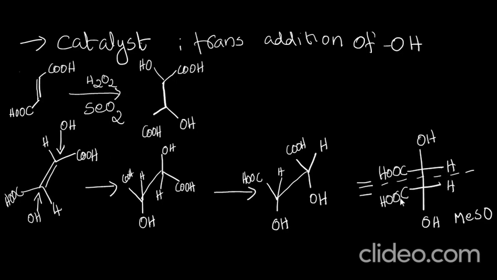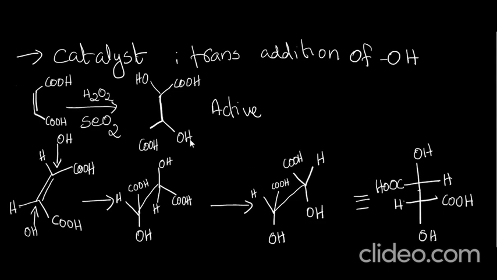So this compound is optically inactive due to the presence of a plane of symmetry. So fumaric acid in the presence of hydrogen peroxide and selenium dioxide is converted into a meso compound.